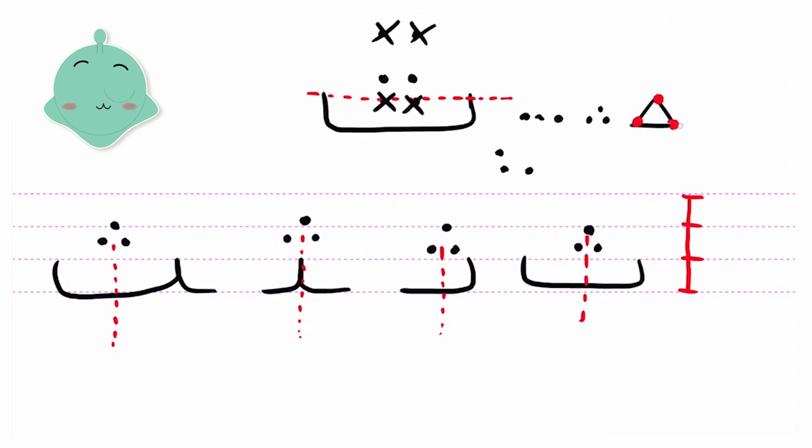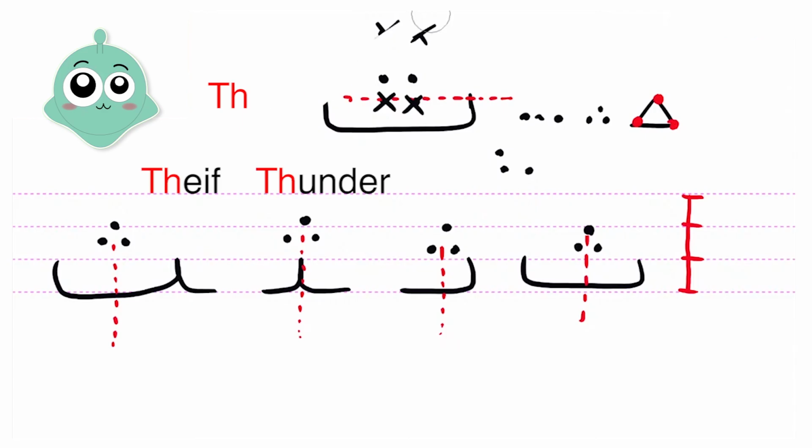The order of putting the dots depends on each one of us and our way of writing. You put them however you want, from left to right or from right to left. The sound of th is identical to the th sound in English, as in the word thief or thunder.